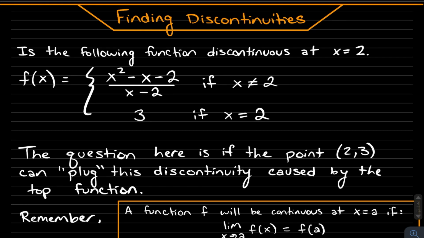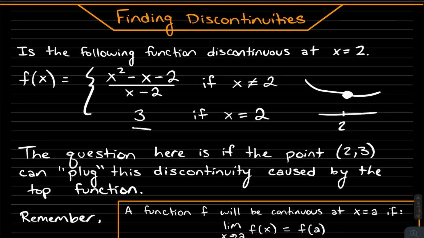But we want to see, does this point that we add into this function for x equals 2 replace the discontinuity from here? In other words, maybe we have some curve and we get an open circle. We don't get a point there at x equals 2, but this might be at y equals 3.